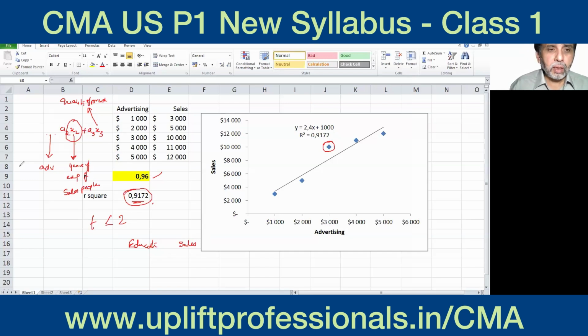So we should not include it in the multiple regression. Only the variables which are tested individually and show good R square and T values will be included in the multiple regression. Is that clear? So this is how multiple regression actually works.